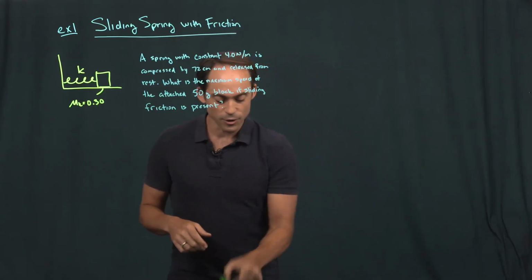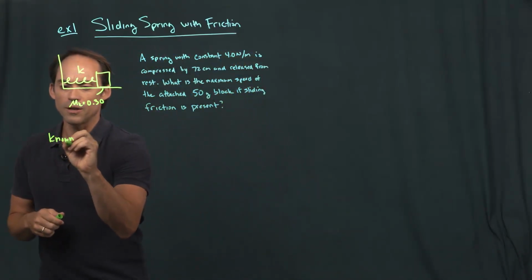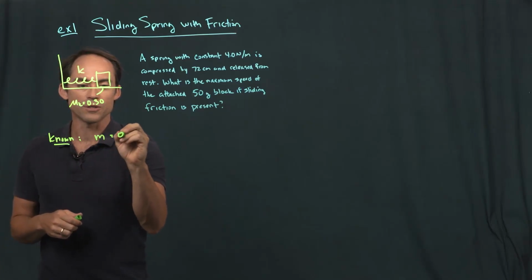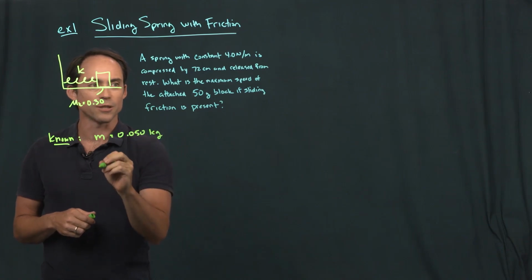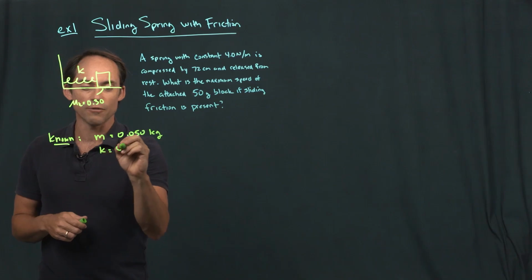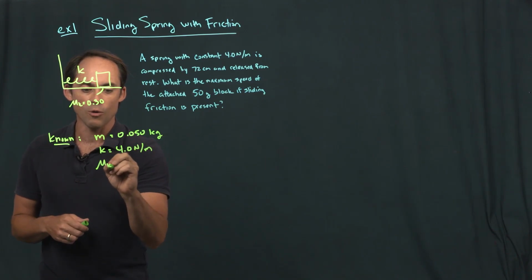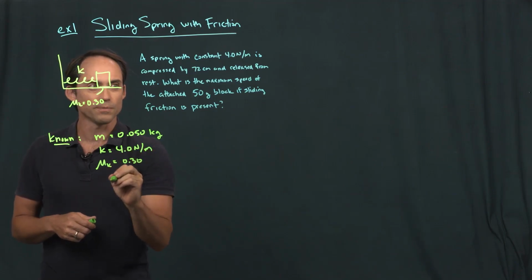So as before, let's look at the things that we know in this problem. We're given several quantities, including the mass of our block, which is 0.050 kilograms, converting grams to kilograms. We've got a spring constant of 4.0 newtons per meter. We're given the coefficient of sliding friction of 0.30.